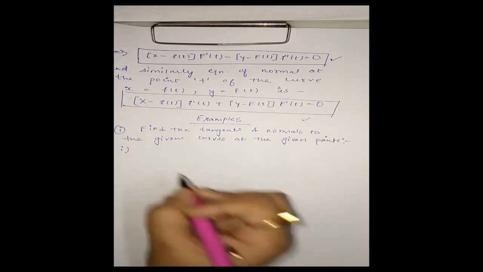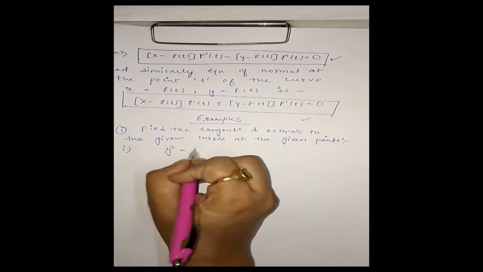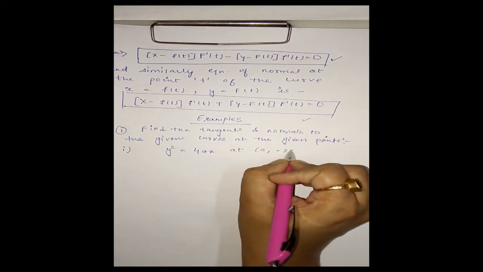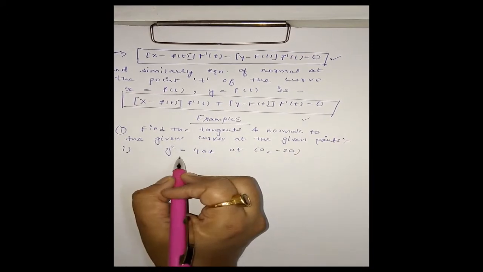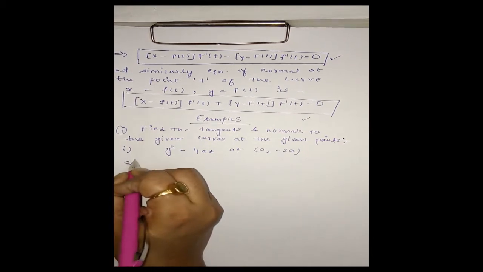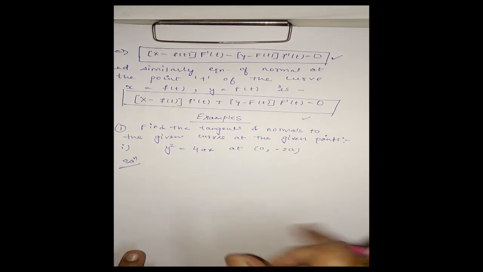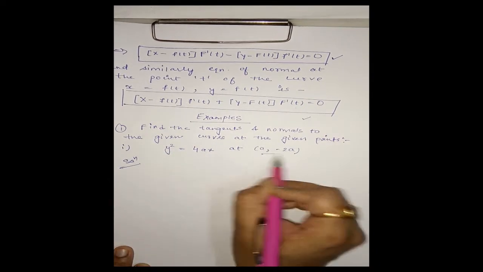First curve given to us is y square is equal to 4ax at a, minus 2a. This is equation of a parabola. We have to find equation of tangent and equation of normal to this parabola at this given point.